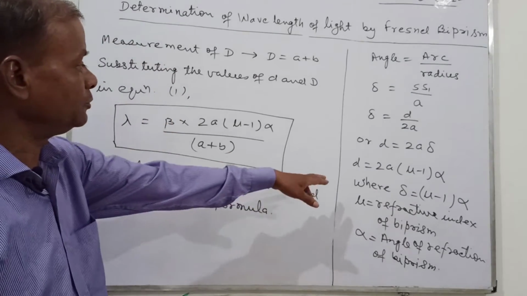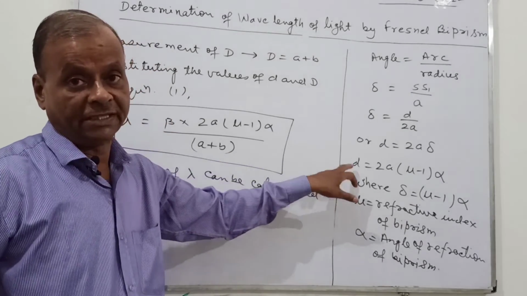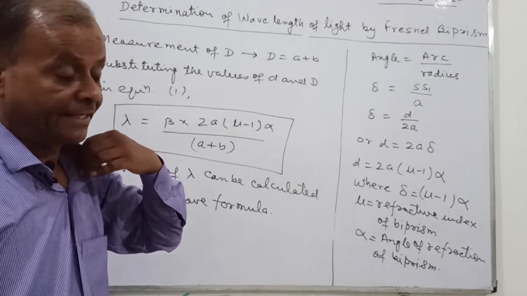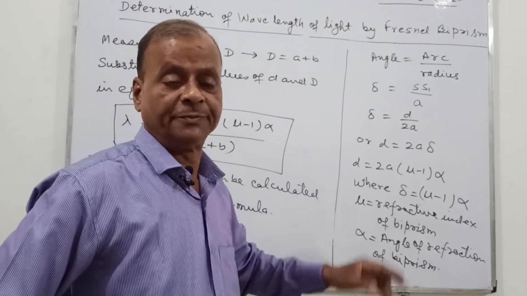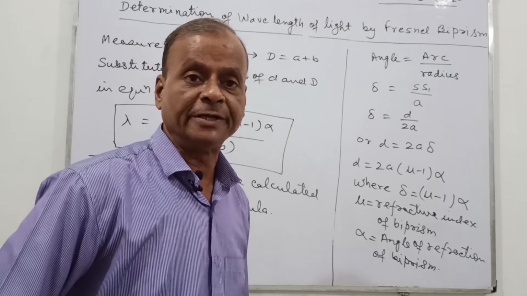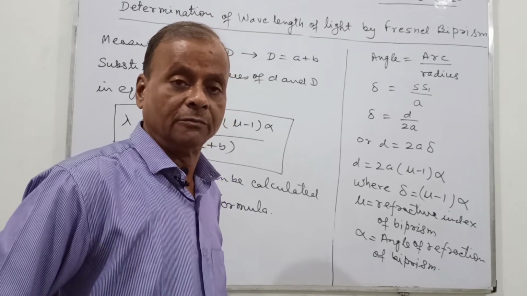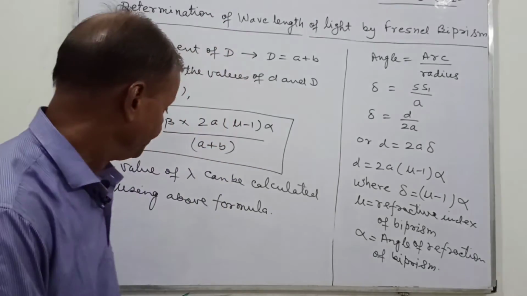Now this I told you is the optical method of finding d, and the second one, d can be measured with the help of the displacement method of the convex lens.